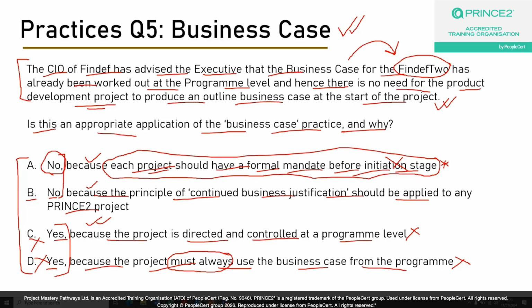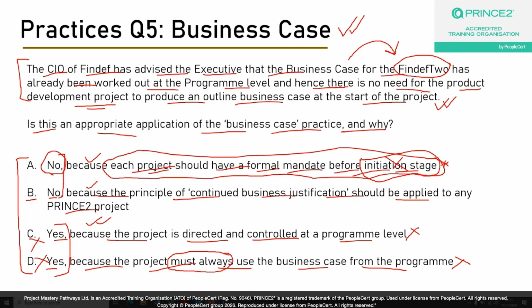Option A is incorrect because it is incorrectly relating an activity which generally happens in the starting up a project phase to the initiation stage, or the initiating a project process stage. The formal mandate, or the project mandate, gets designed at the starting up a project phase, not at the initiation stage.